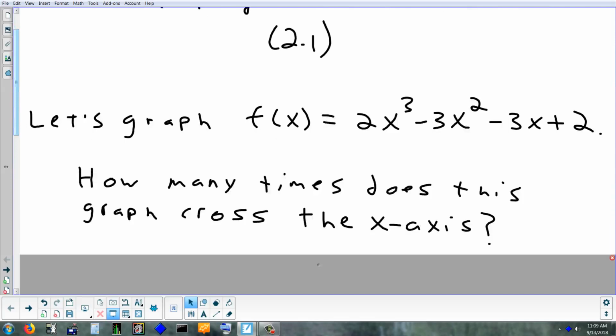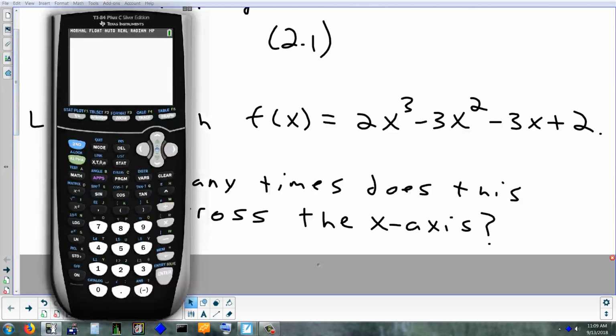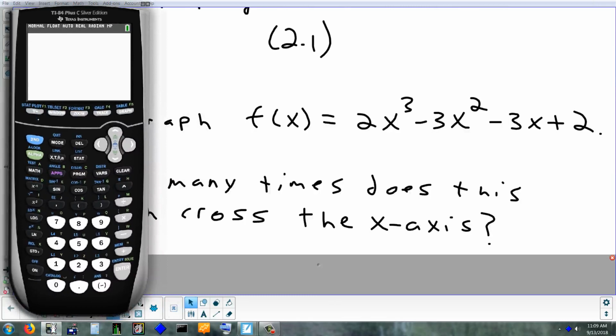And what I want to look for is how many times it crosses the x-axis. All right, so let's go to y equals. If you have anything in there, you can just clear it. And we've got 2x cubed minus 3x squared minus 3x plus 2.